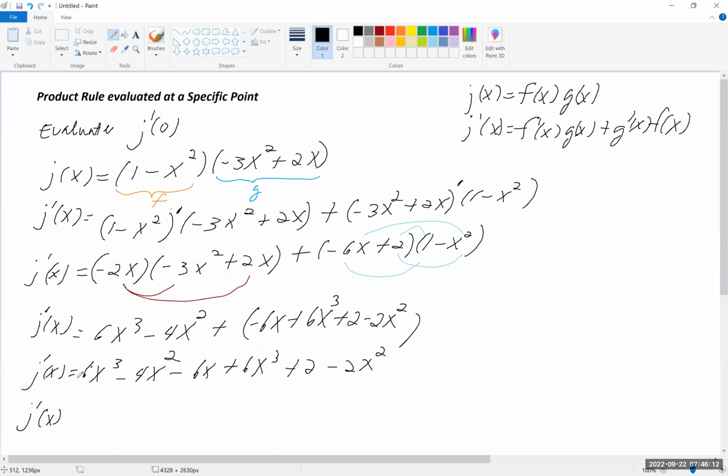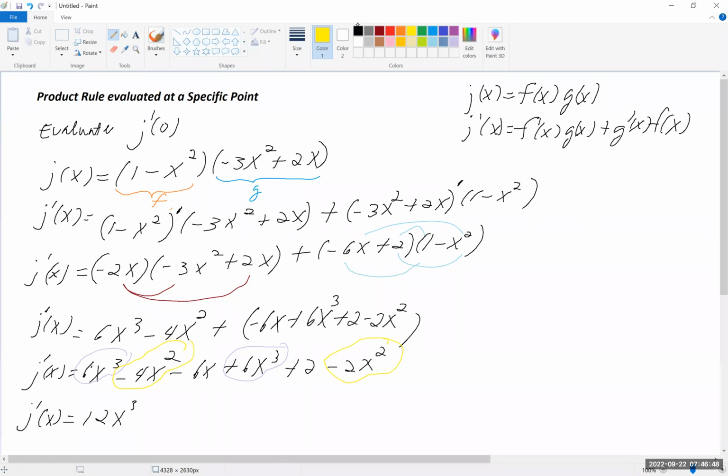It's j prime. We're still working on j prime. So let's go ahead and try to combine like terms. So this is cubed, as is this, right? So that's going to give me 12x cubed. This is squared, as is this.